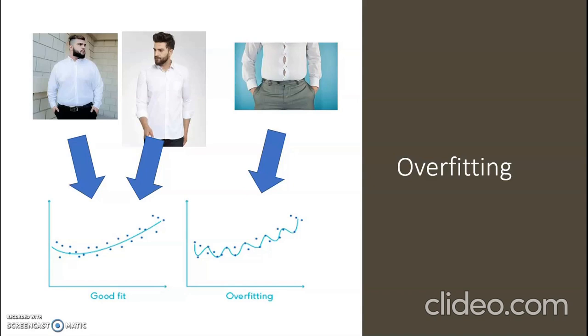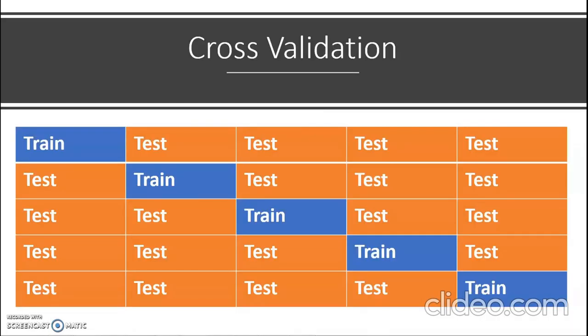So we try to improve accuracy, and yet if it's too much, it's going to overfit. So the remedy is to use cross-validation, where you have folds of a data set.